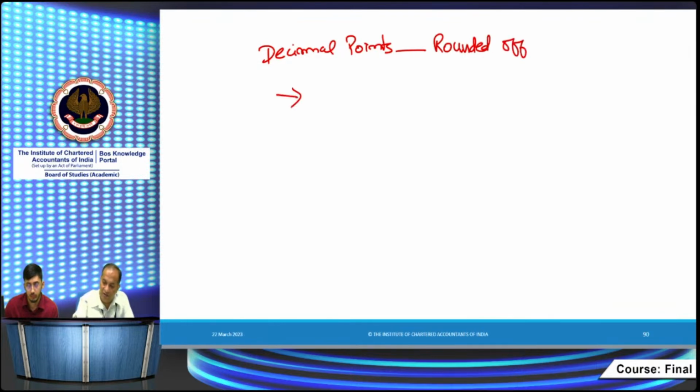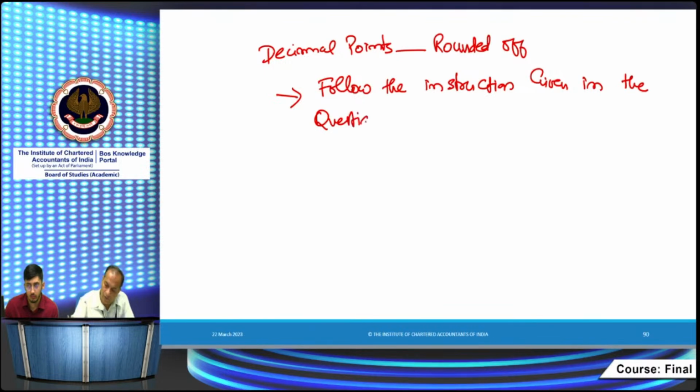There is one common question among the students: sir, how many decimal points should we round up the answer to? Now, students, here is one very important point: follow the instruction given in the question strictly.